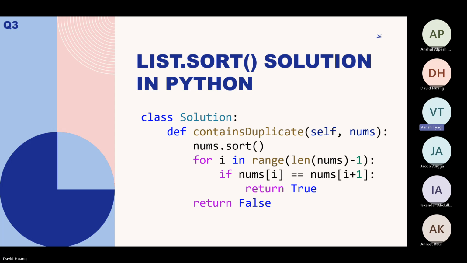And then we check if any two adjacent elements are the same, because since we sorted, if one element is repeated two times, they're going to be adjacent to each other. So if we find any adjacent elements, we return true. And if we don't find anything after parsing the whole array, we return false. Yeah, same thing as Java, pretty much. Different syntax.